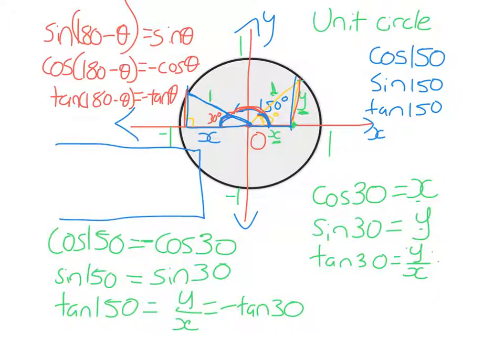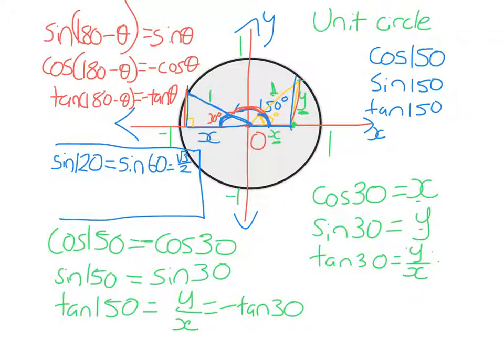So let's say I wanted to find what is the value of sine 120. So we subtract 120 from 180, we get 60. So sine 120 will be the same as sine 60. Now we know that sine 60 from previous slides is equal to root 3 on 2.